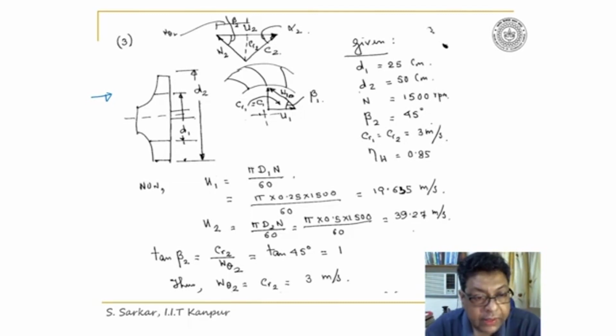Now, this is the overall impeller schematic, and if I consider meridional streamlines, it will be like that. So it's a fully radial flow impeller. That means when the flow enters the blade, it is radial and it's coming out radial. Furthermore, it is given that it is a backward curved vane.